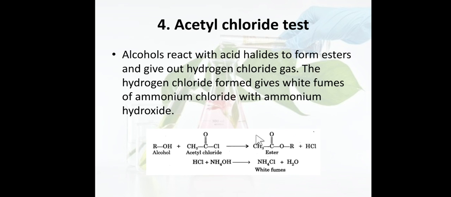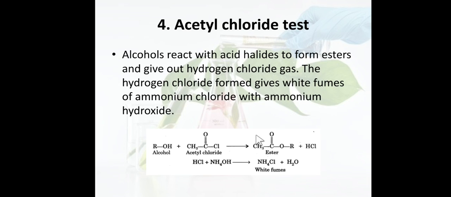Next is a very simple test. Most of the time we do this test. This is the acetyl chloride test. Again we get the ester, but instead of acid we are using acid chloride. So when acetyl chloride reacts with alcohol, it forms ester, and you know that it will liberate HCl, or hydrogen chloride gas, which on reaction with ammonium hydroxide will give ammonium chloride as white fumes.